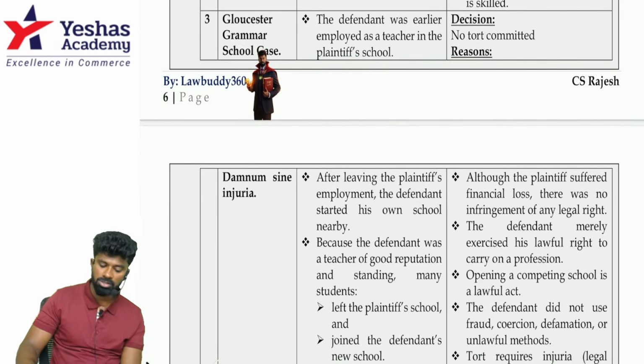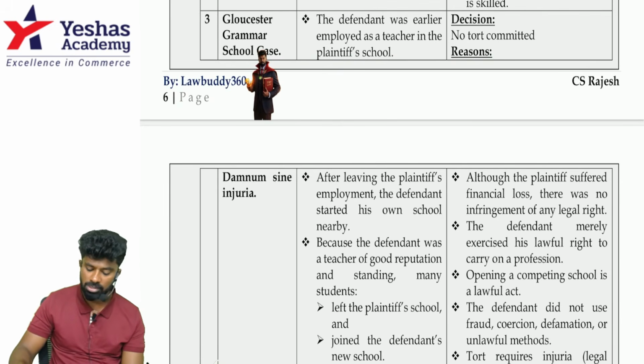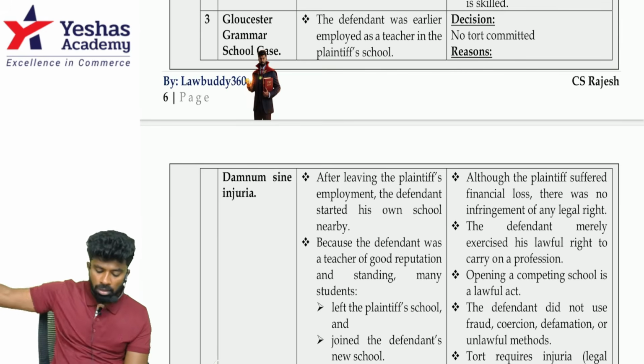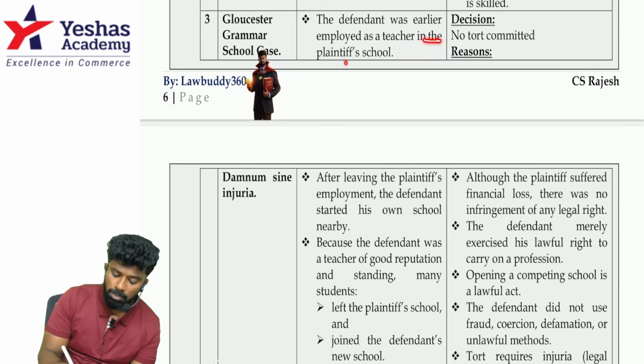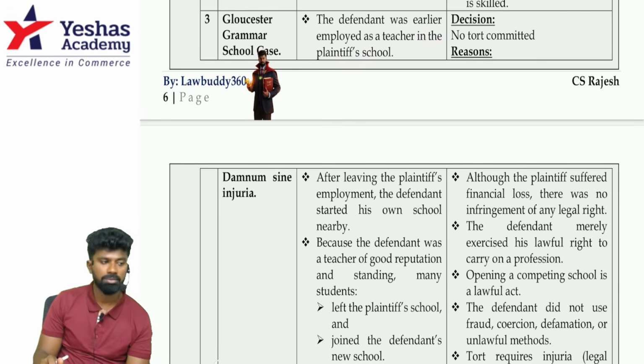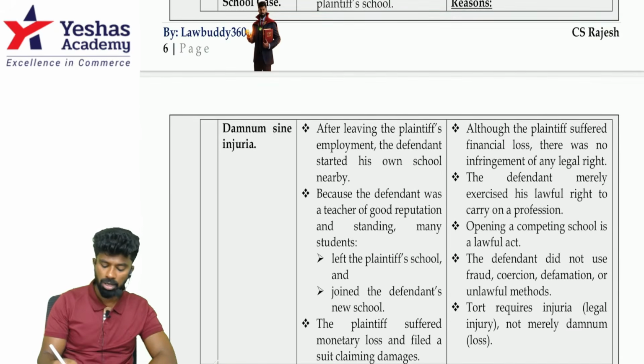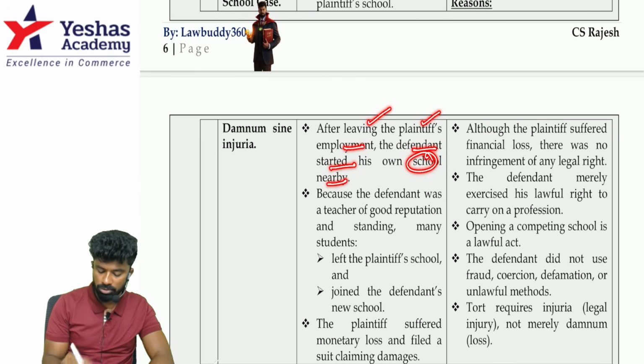Understood this case law? Gloucester Grammar School case. What happened in this case? Can you guys read, please? Defendant was earlier employed as a teacher in the plaintiff school. After leaving the plaintiff's employment, defendant started his own school.